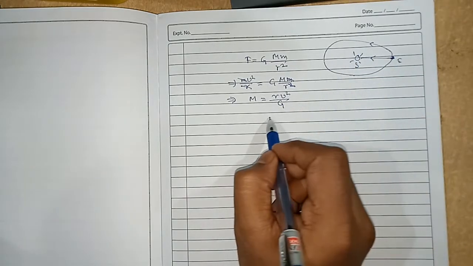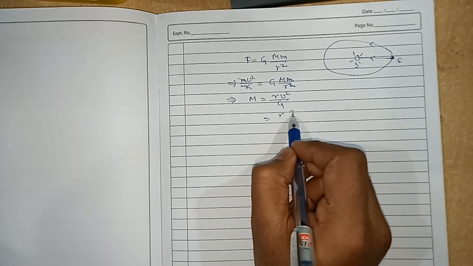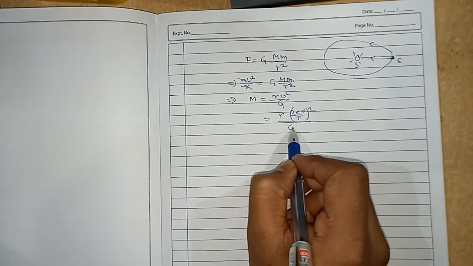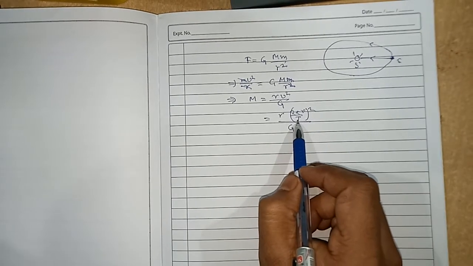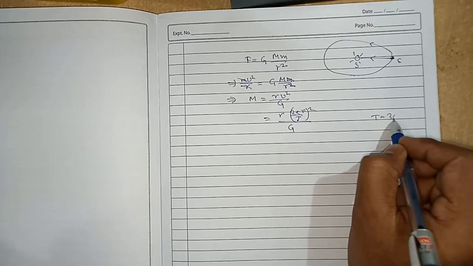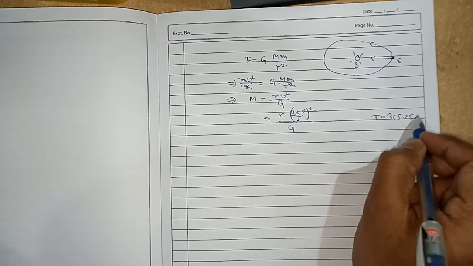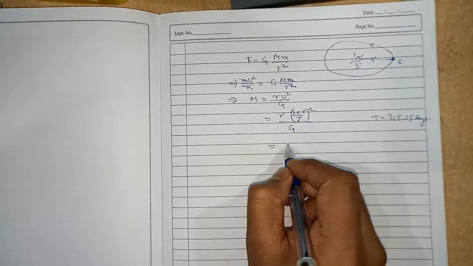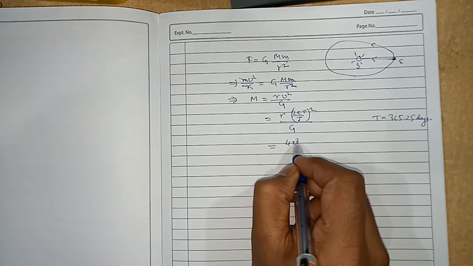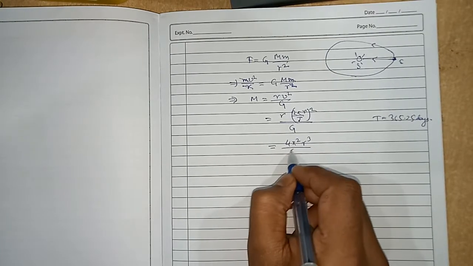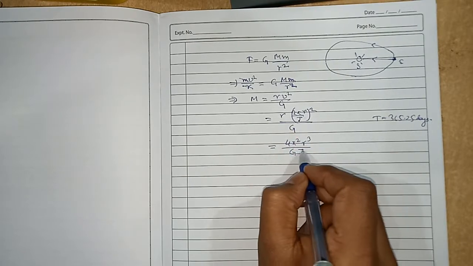Due to this, v can be written as 2 pi r by T, where T is the time period of revolution, which is 365.25 days. Let us simplify this: M = 4 pi squared r cubed by G T squared. This T squared comes here.